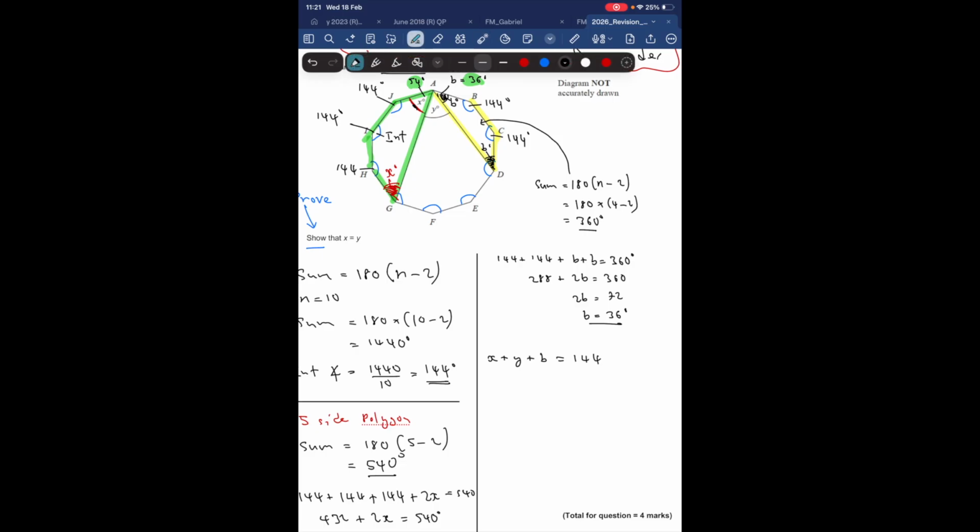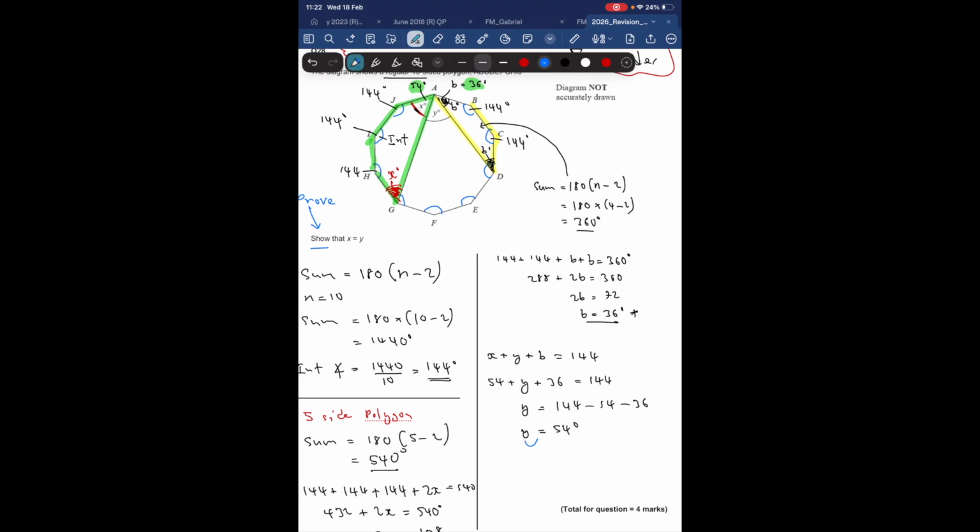We know that x is equal to 54 degrees. We don't know what y is. We know that b is equal to 36 degrees because we just calculated it here. If we then solve this equation to get y, we're going to be subtracting 54 and 36 degrees from 144. And if we work that out, 144 minus 54 minus 36 will give us 54 degrees.